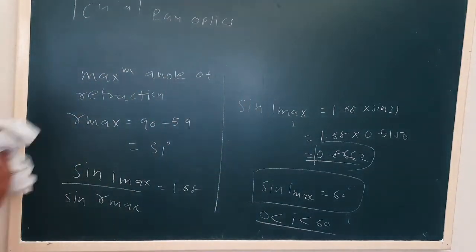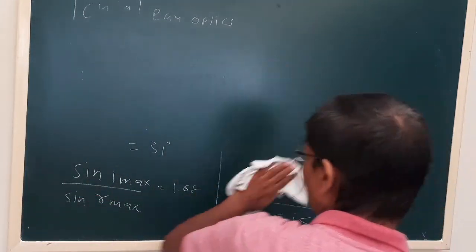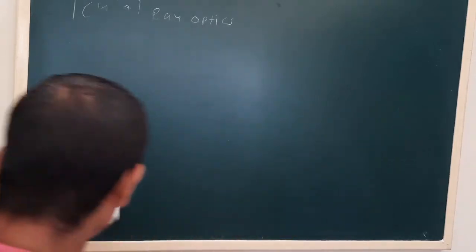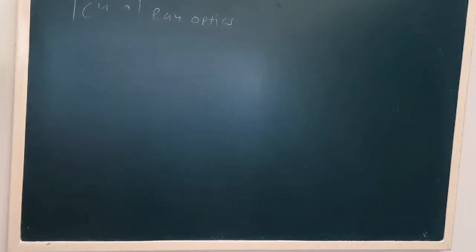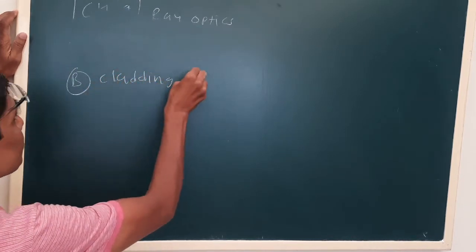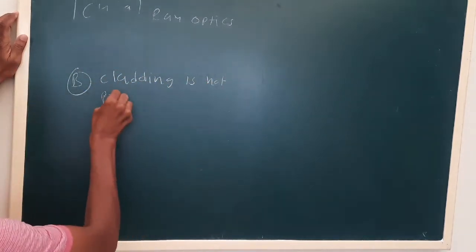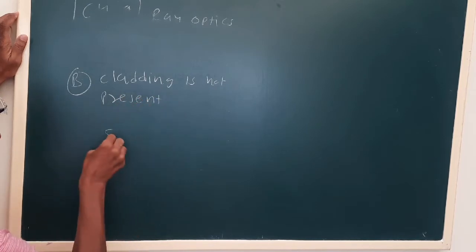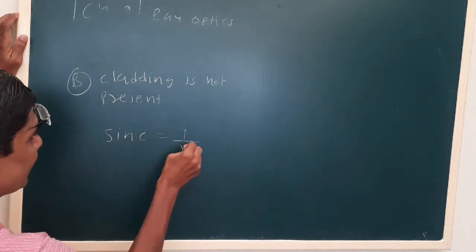Now see the second part. The question says only the core is there, the cladding is not present. Now see, sine C is 1 upon n.